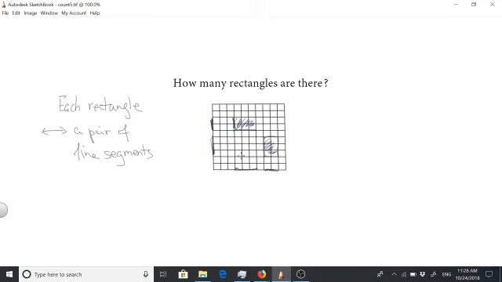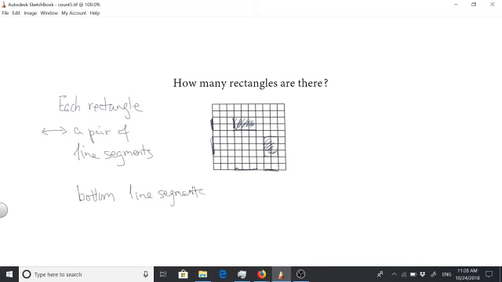So now the question becomes counting how many pairs of line segments. Okay, so how many line segments are there at the bottom? And to the left. And this we know how to do.